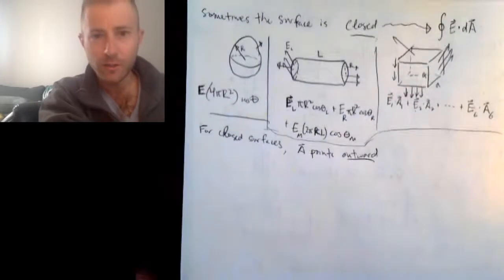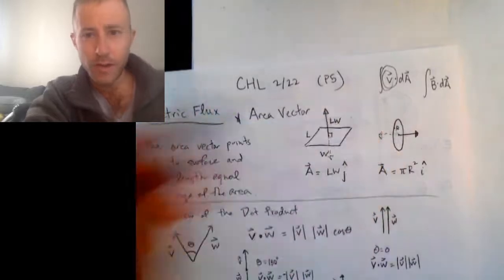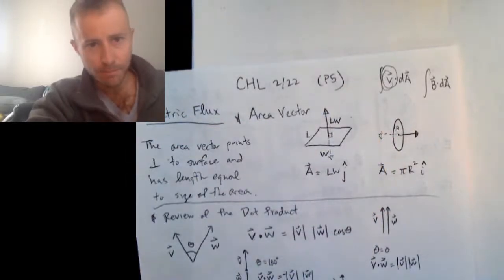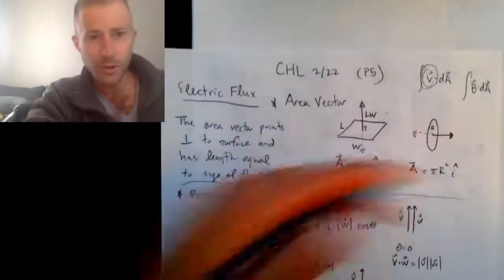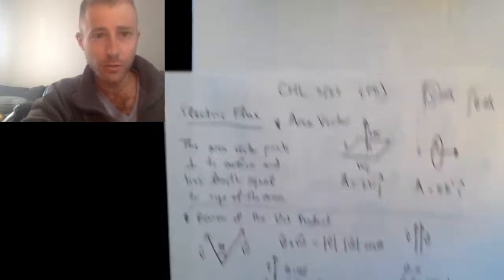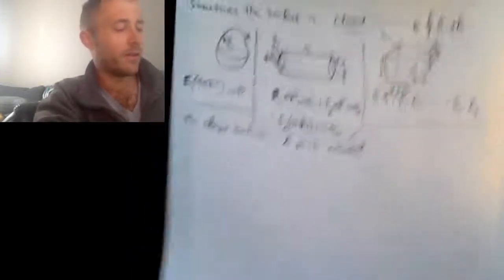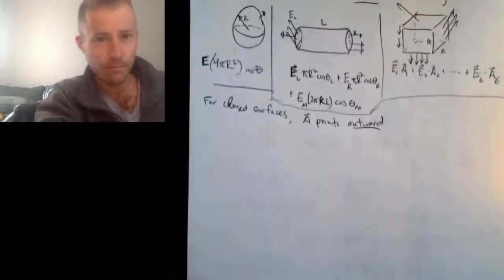I said that if you have an open surface, you have two options for your area vector, but if it's a closed surface, you can uniquely define the area vector as pointing outward.